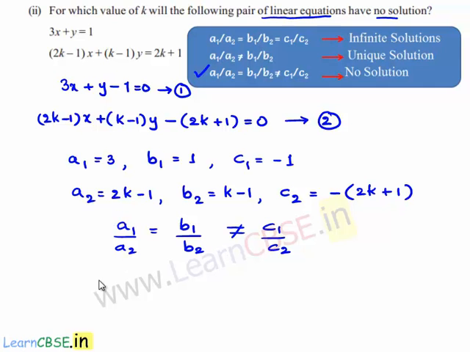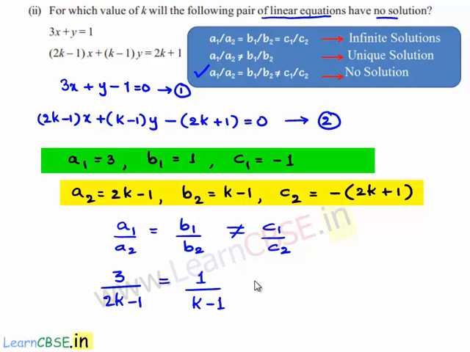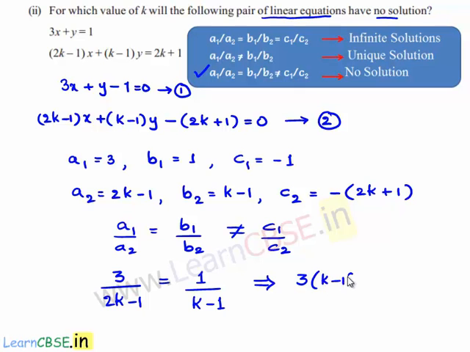We know that a1 is 3 and a2 is 2k minus 1, that is equal to b1 is 1 and b2 is k minus 1. So by cross multiplication we get 3 times of k minus 1 is equal to 1 times of 2k minus 1, that is 3k minus 3 is equal to 2k minus 1.